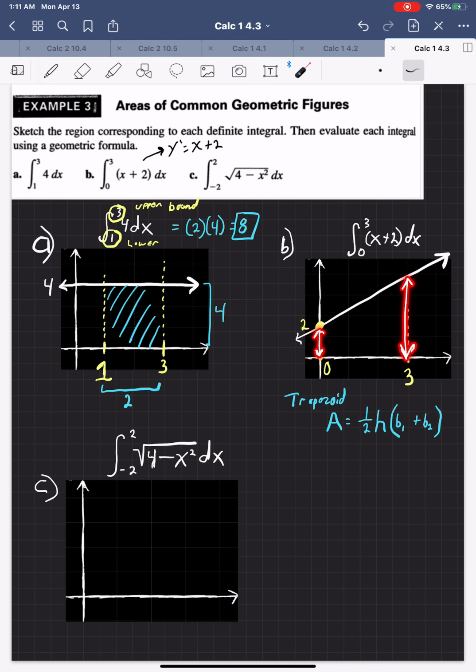Notice that one is larger than the other. Well, the first one is b sub 1, and the second one is b sub 2. Now, the height, or the altitude, would be the length from here to here.